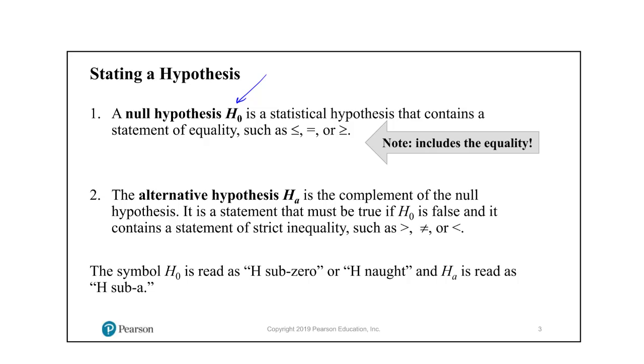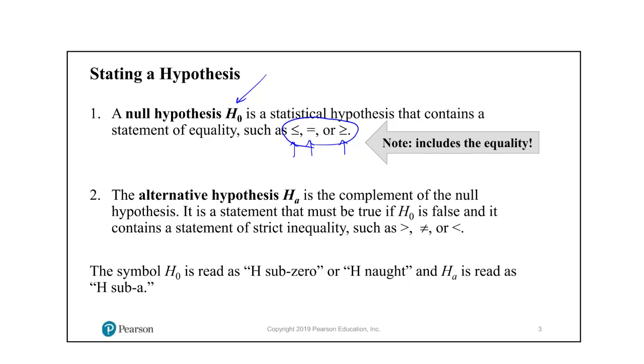We'll maybe use different versions of that. Okay. So that null hypothesis is a statistical hypothesis that contains the statement of equality. That's the important thing: whichever statement has the equality in it, whether it's just equals, or less than or equals to, or greater than or equals to, that's going to be the null hypothesis.